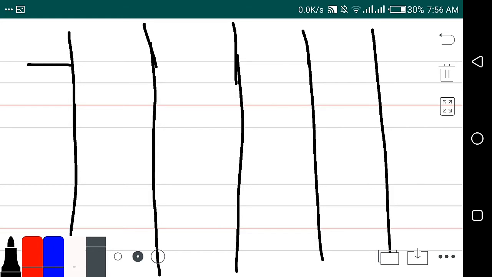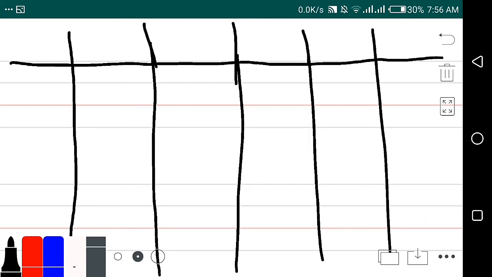So in the first row we will write the title.